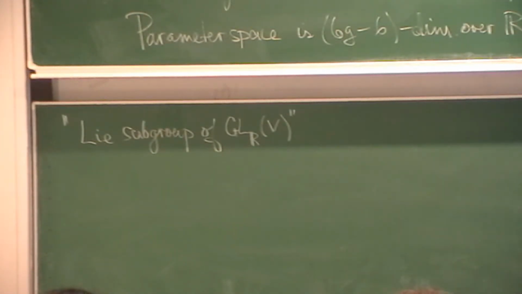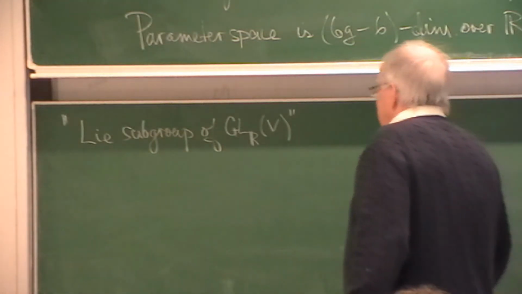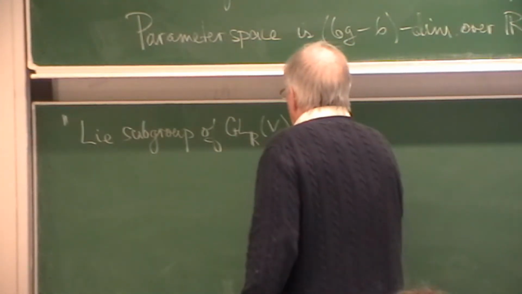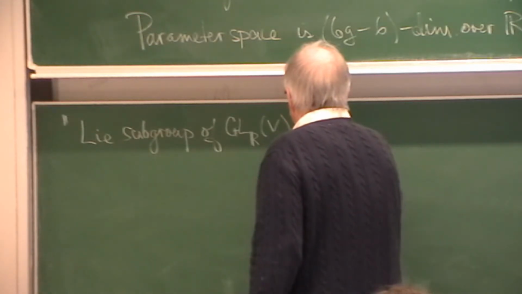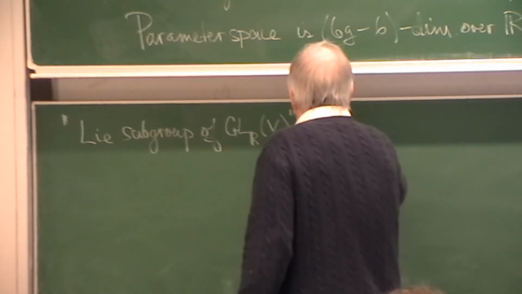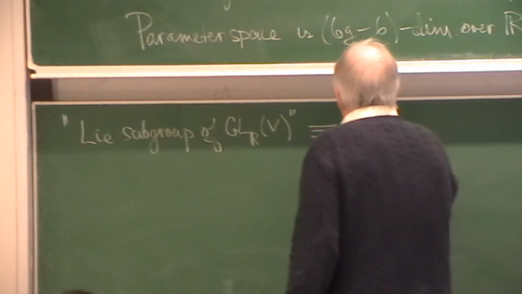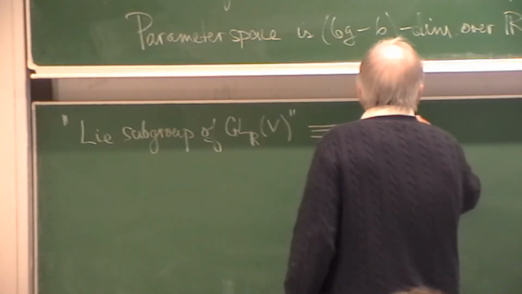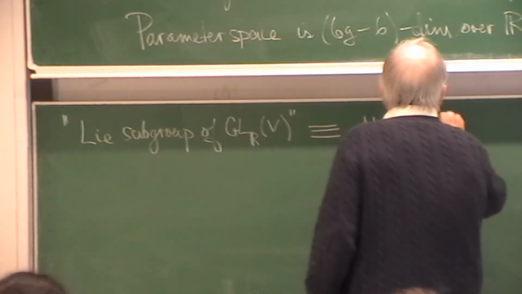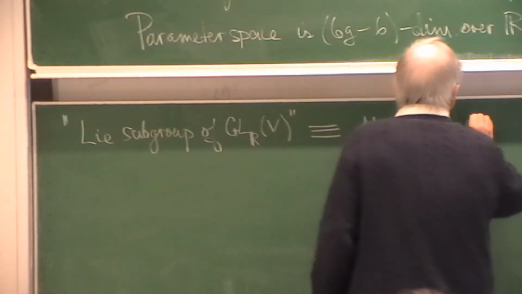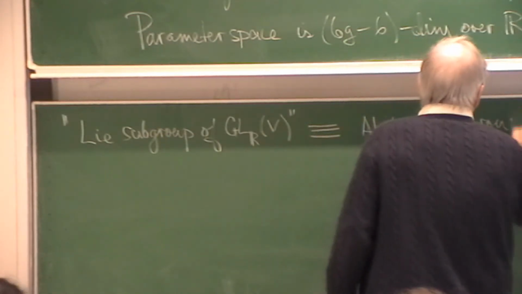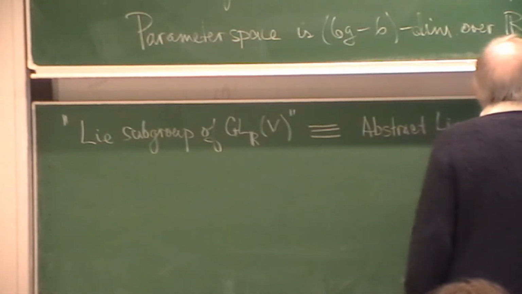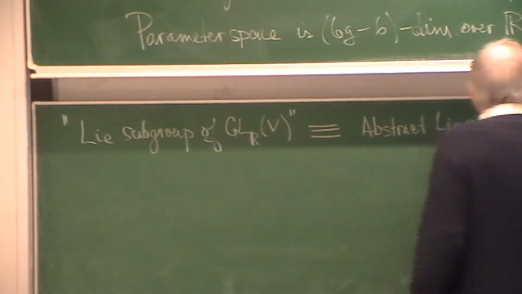What it doesn't mean is it's closed. What it means is there is an abstract Lie group, let me call it script H.